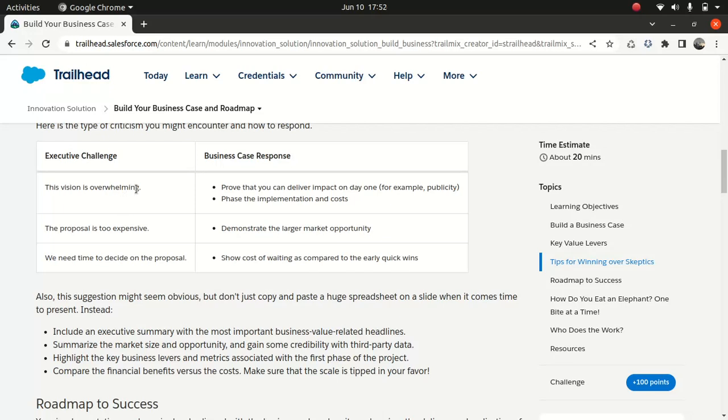So this vision is overwhelming, and then the business case response proves that you can deliver impact on day one. Obviously, they're interested to know the day one impact, which is very important. The proposal is too expensive? Demonstrate the large market opportunity. And then they need to decide on proposals or different things. I understand it's a bit of a mouthful if I mention all this stuff at the same time, but just stay with me. It's pretty simple.